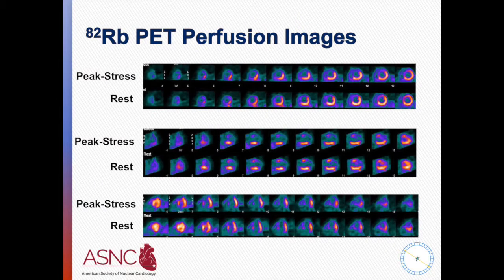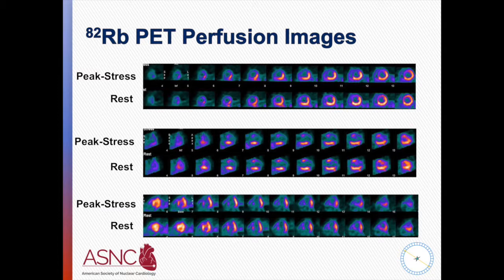These are the rubidium PET myocardial perfusion images obtained at peak stress and at rest. As you can see on these images, there's a severe perfusion defect in the entire LAD territory on peak stress images. When compared to resting images, there's also a severe perfusion defect.